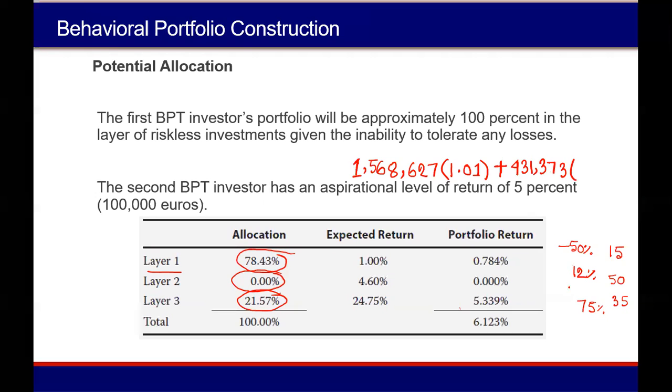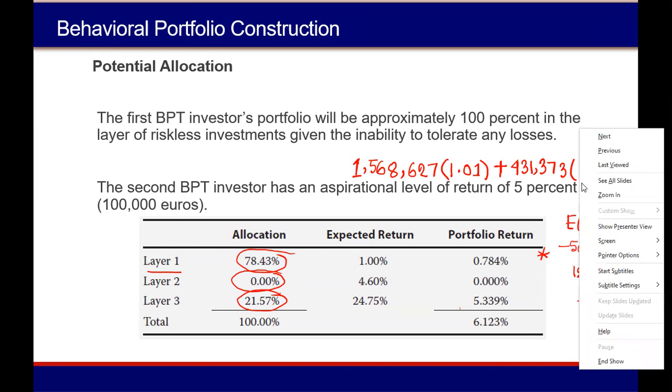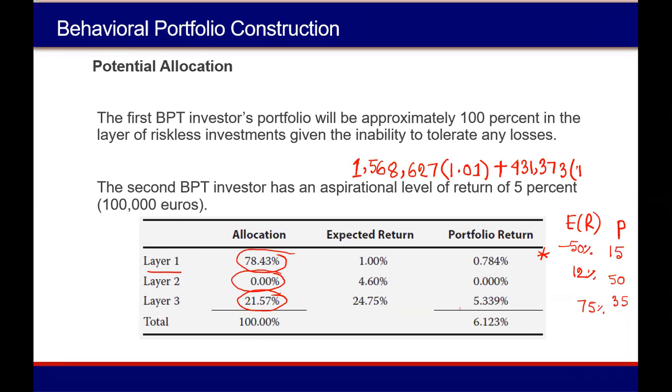I have summarized the returns in here. These are some expected return percentages: minus 50% with 15% probability, 12% with 50% probability, and 75% return with 35% probability. Now if I consider the first case, if it happens, we need to multiply this in this way: 1 minus 0.50.